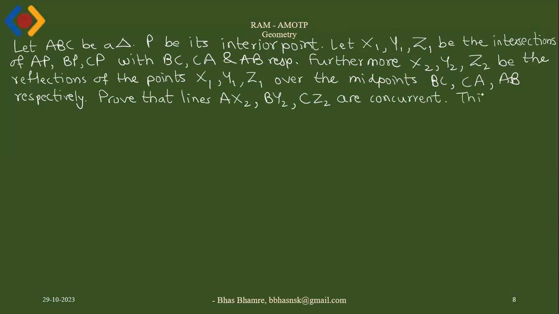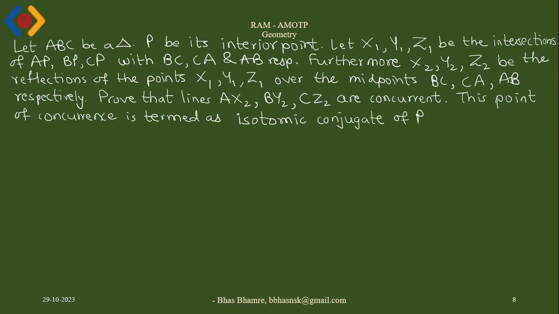And this point of concurrence is termed as the isotomic conjugate of P with respect to triangle ABC. So that point is termed as isotomic conjugates.